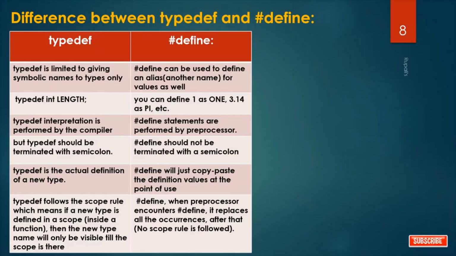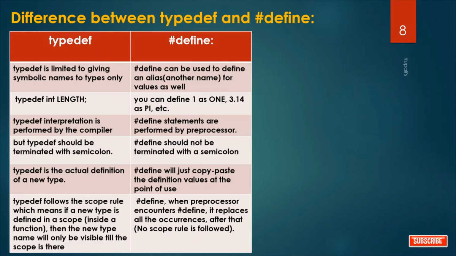Typedef interpretation is performed by the compiler, but hash define statements are performed by the preprocessor. Typedef should be terminated with semicolon, always remember, but hash define should not be terminated with semicolon. Typedef is the actual definition of a new type. Hash define will just copy paste the definition values at the point of use.